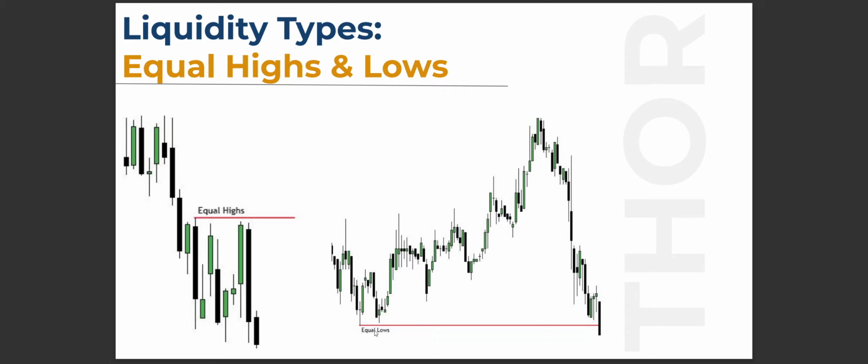So equal lows or equal highs become high probability targets in the context of liquidity. Always be mindful of those levels. Whenever you see equal lows, for example, you don't want to be a buyer because the odds are against you in that case. You would rather be a short seller and target the liquidity itself, right?